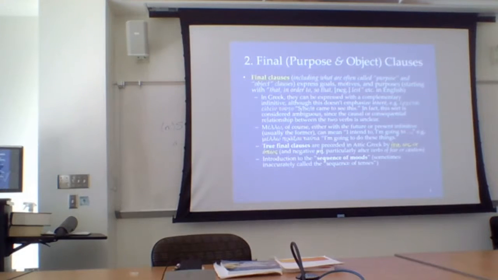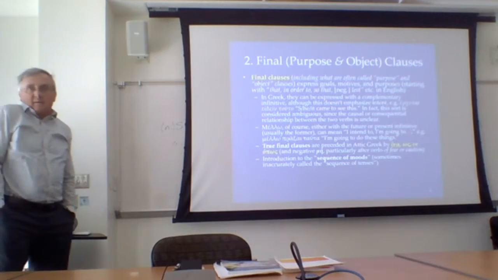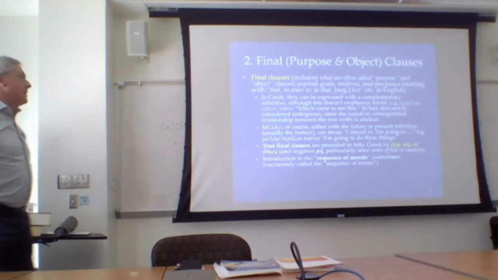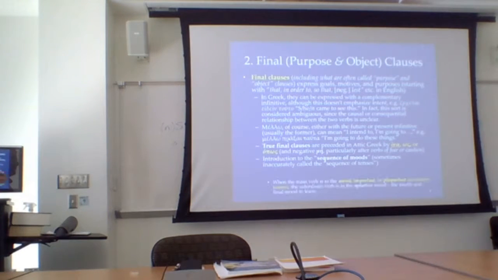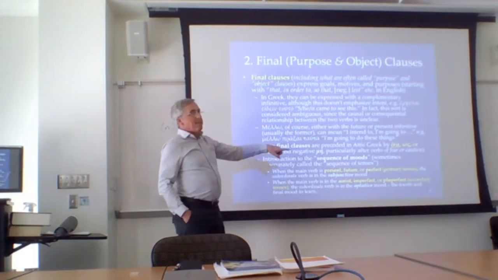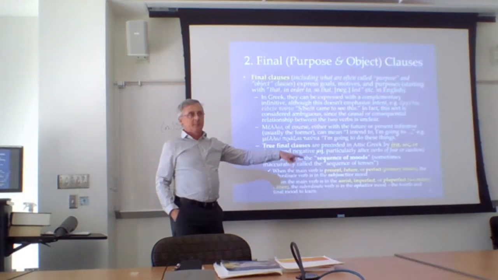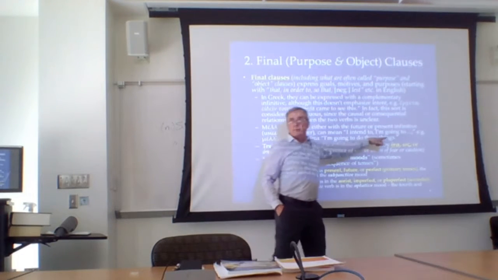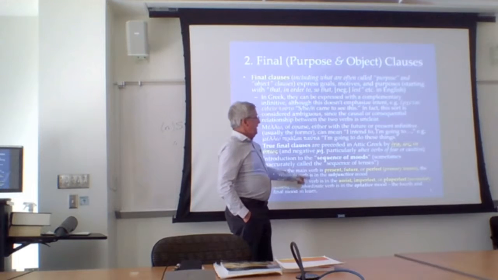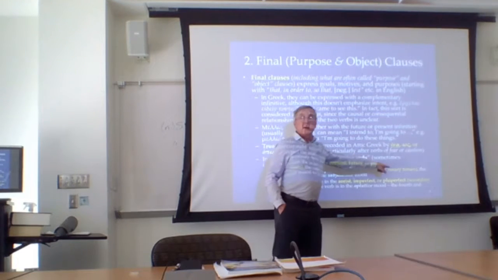Now, that would be all well and good if it were just that way. And you're like, cool, I just know some new particle or adverb or something introduces this. Except here is where Greek gets complicated. Because when the verb in the main clause, not the one that's subordinated by one of these, is in one of the primary tenses.